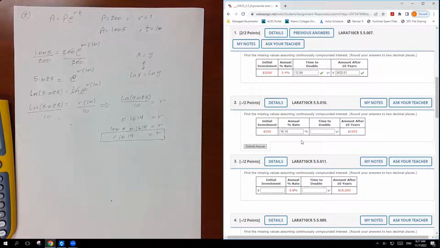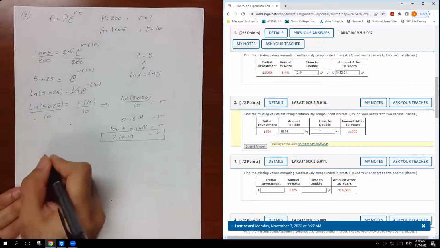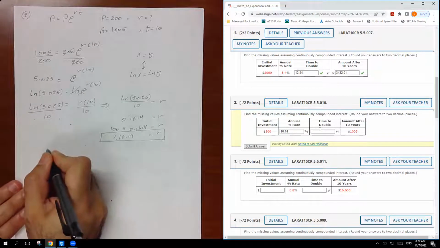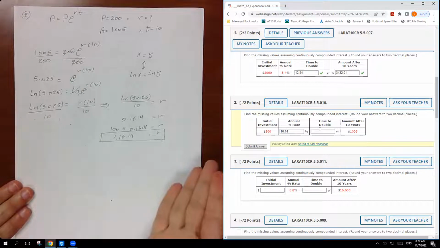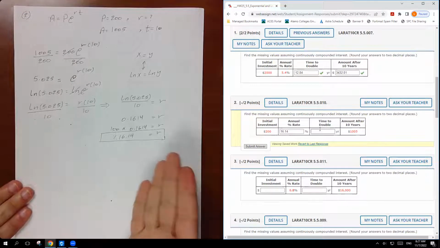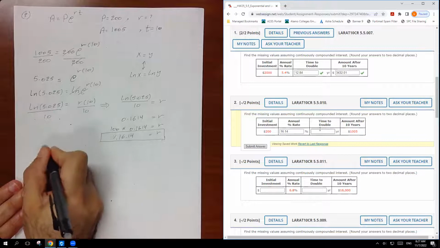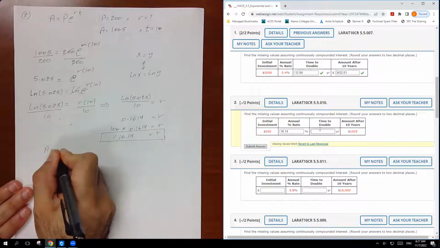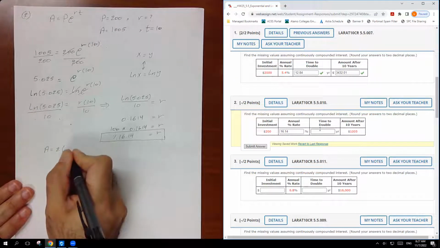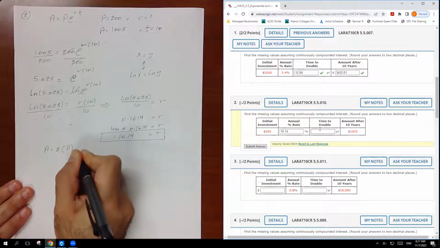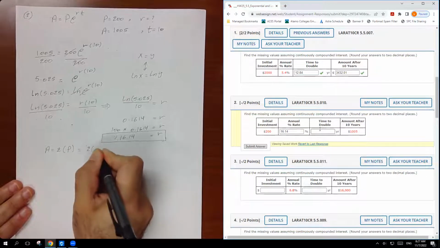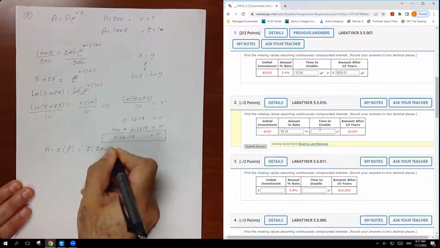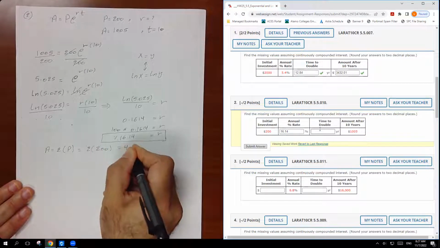Next part of this example is we need to find the time to double. Time to double means your future amount is going to be double the initial, which is the invest. That means my future amount is going to be double the invest, which is double the 200, which is equal to 400.